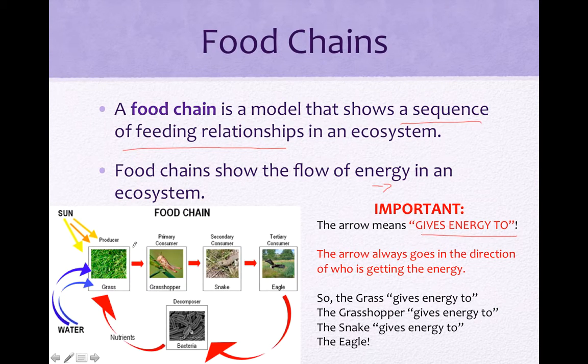So if I am at this picture, the grass is giving energy to the grasshopper. You can use it that way, or you can always put that the arrow is always pointing at the organism doing the eating. So grasshopper is eating the grass. So the arrow is always pointing at whoever is eating.